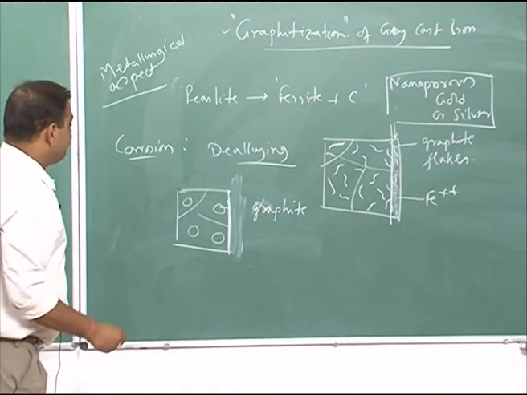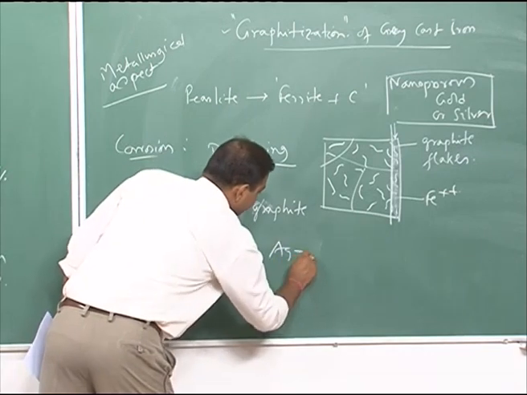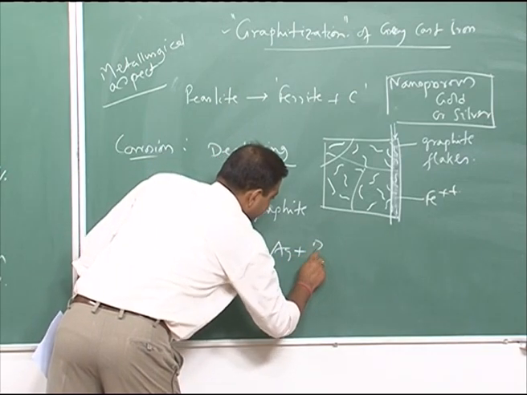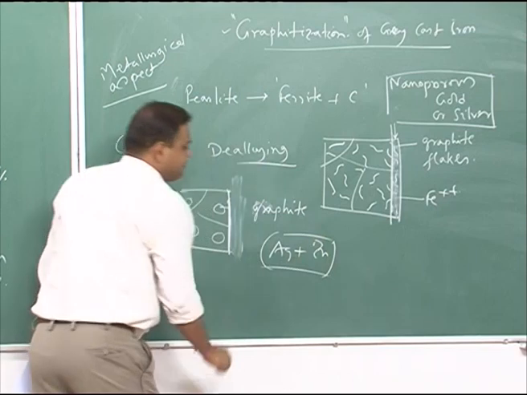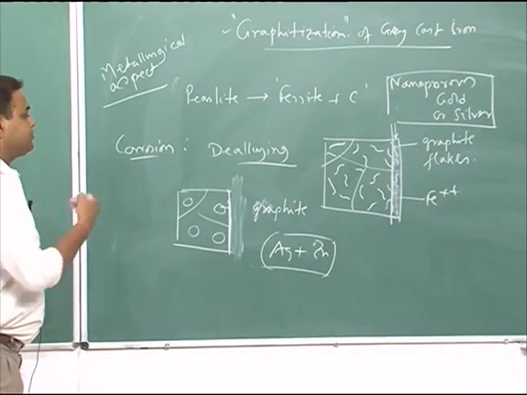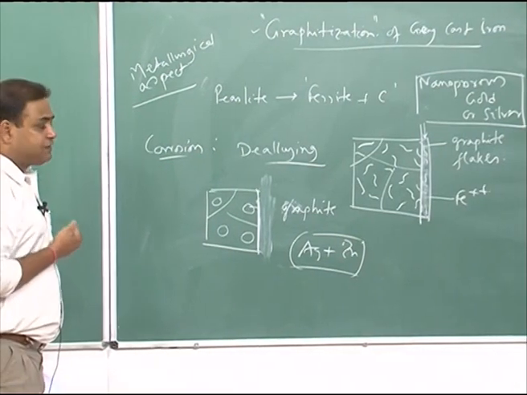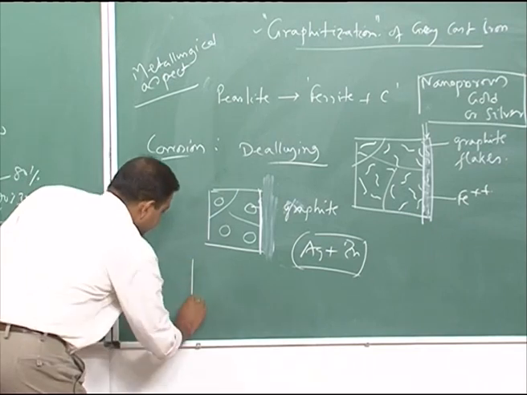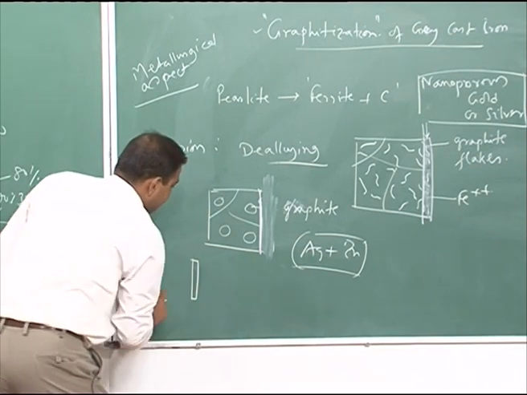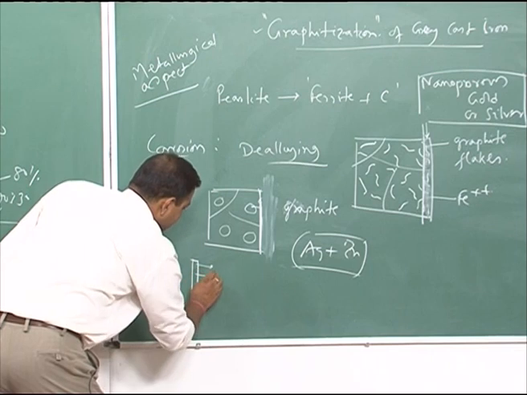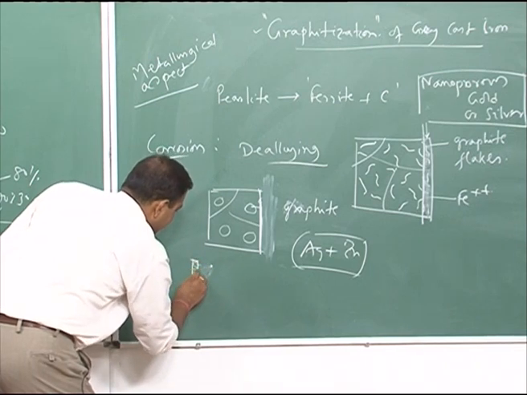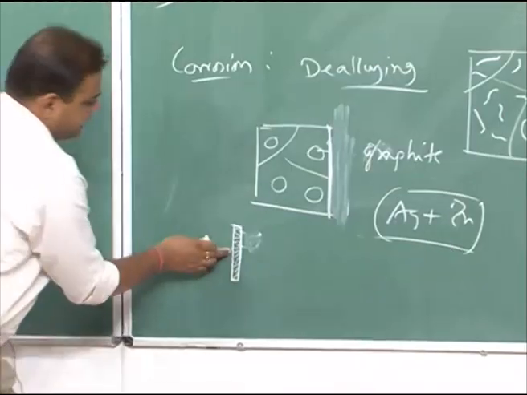For example, if you have a silver plus zinc alloy, and you allow it to dissolve zinc preferentially, then if you have a thin film of this alloy, the zinc goes out and the system would become like this.